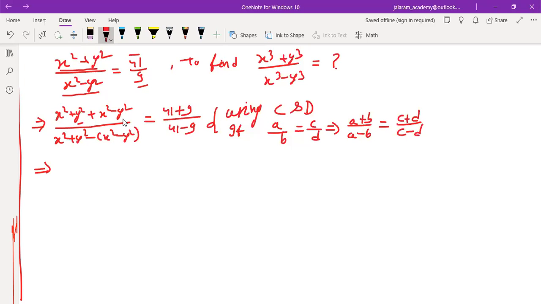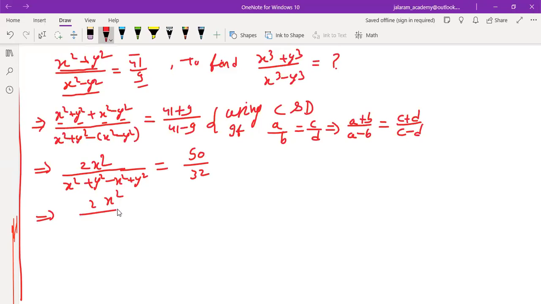It implies y square, having opposite sign, will be cancelled out. x square plus x square is 2x square over, on opening the bracket, x square plus y square minus x square plus y square equals 41 plus 9, 41 minus 9. It implies 2x square upon, this time x square minus x square cancelled out, and y square plus y square, 2y square equals to, now simplify these two.